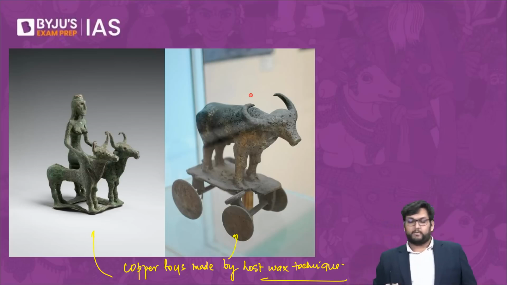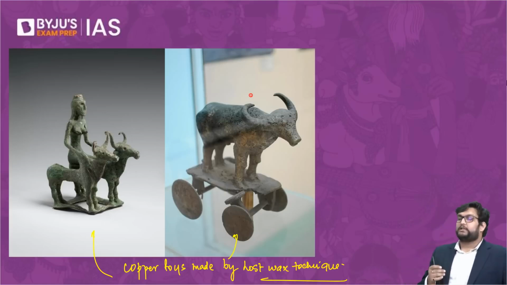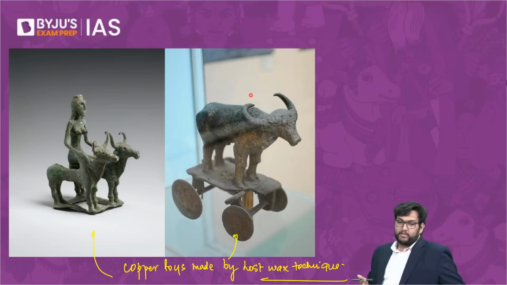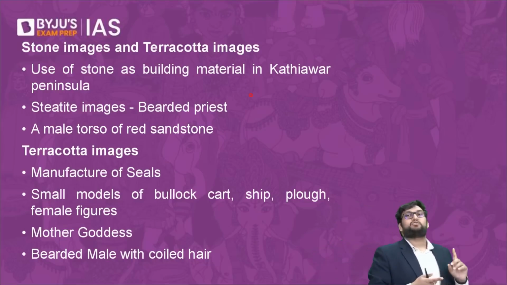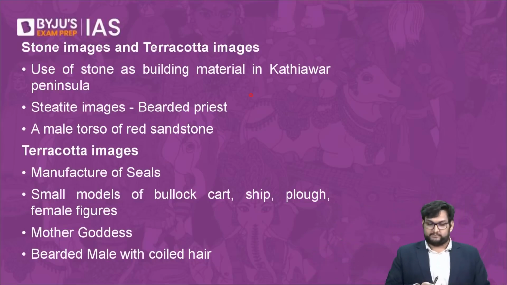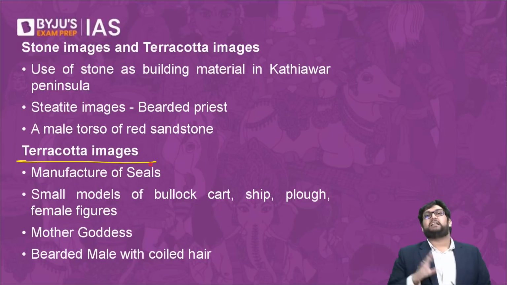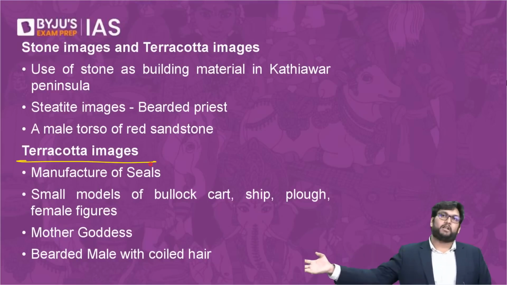Now, very simply, this is not the only manifestation of their understanding. Their next manifestation is that they were also making stone and terracotta objects. Terracotta is basically clay. What you find outside in your house, that is basically sand and clay.